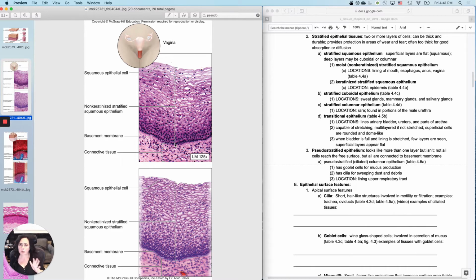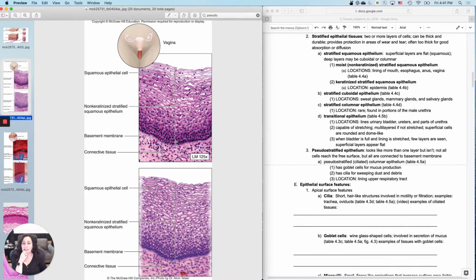And what about squamous? Well, this tissue is actually named for the shape of the cells at the apical surface, because once you get down to the basal surface, they're really not squamous. So this is called stratified squamous because the cells at the apical surface are squamous. So this is a stratified squamous epithelium. But there are two stratified squamous epithelia.